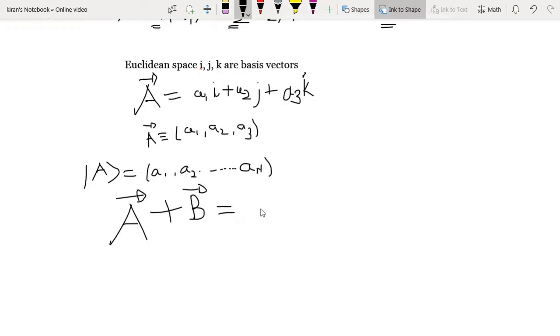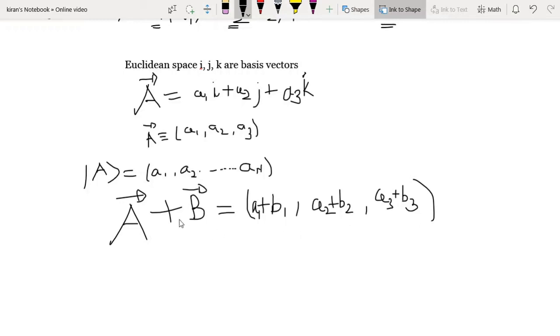We just add their components: a1 plus b1, a2 plus b2, a3 plus b3.